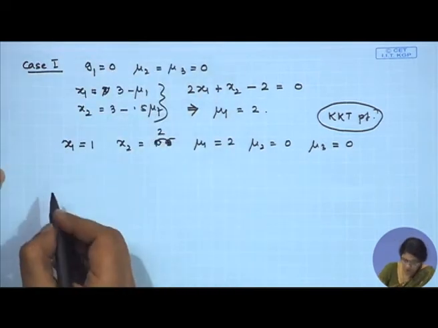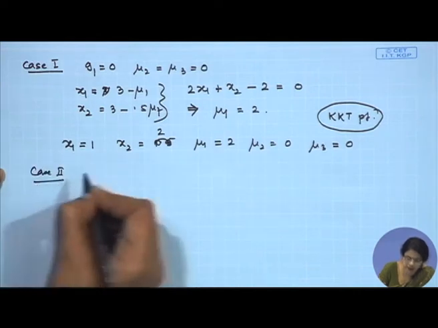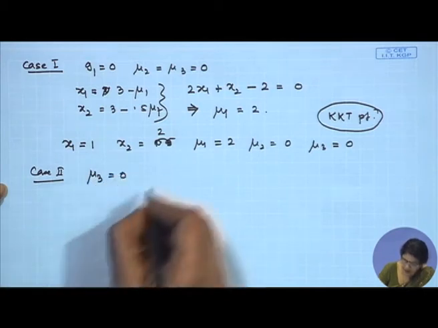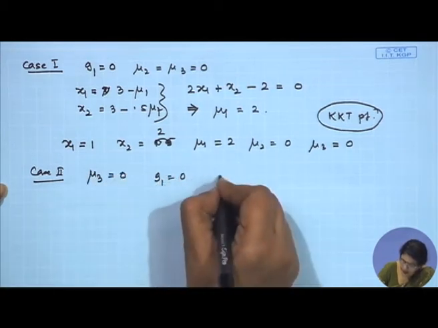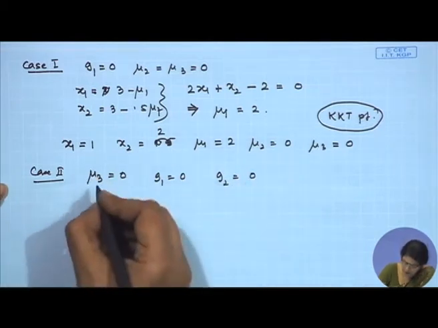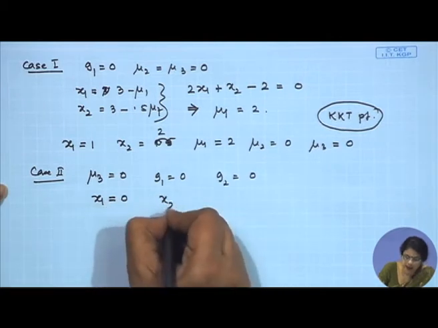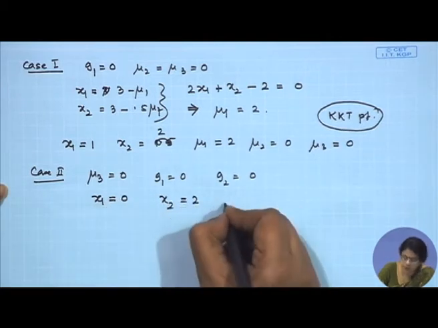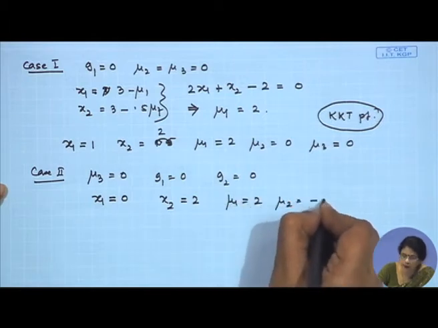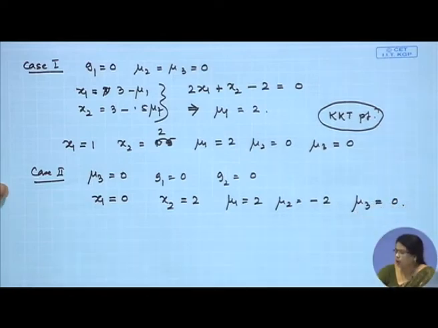Alright. Now, we will go to the second condition, case 2, where we are considering mu3 is equal to 0 only, G1 is 0 and G2 is 0, nothing else. From here, after doing the calculations, we will get x1 is equal to 0, x2 is equal to 2 and mu1 is equal to 2, mu2 is equal to minus 2, mu3 is equal to 0. Okay.